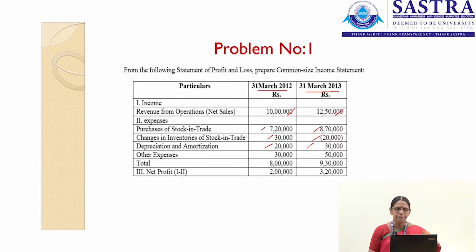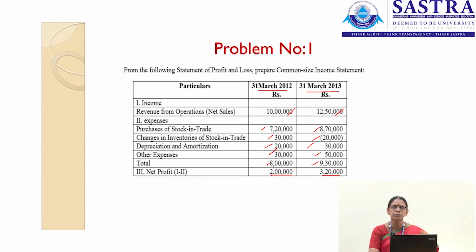Other expenses, we have 30,000 in 2012 and 50,000 in 2013. Total, we have 8 lakhs in 2012 and 9,30,000 in 2013. So this is the total expense. We'll have the net profit, that is your total income minus your total expenses. We'll get 2 lakh rupees in 2012 and 3,20,000 in 2013.